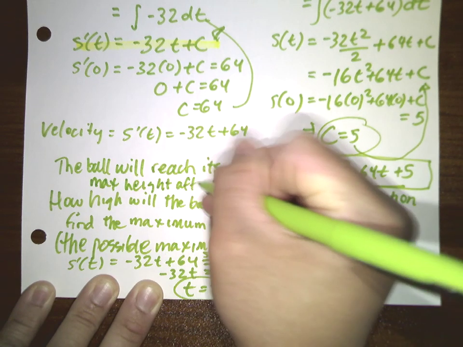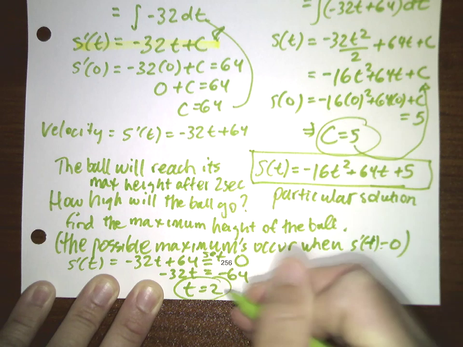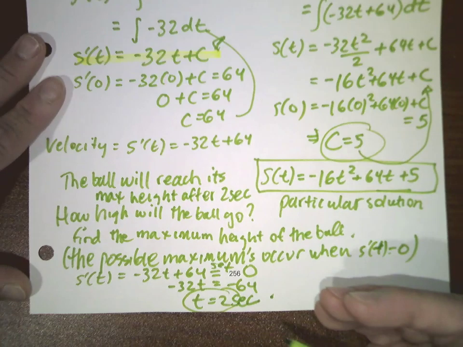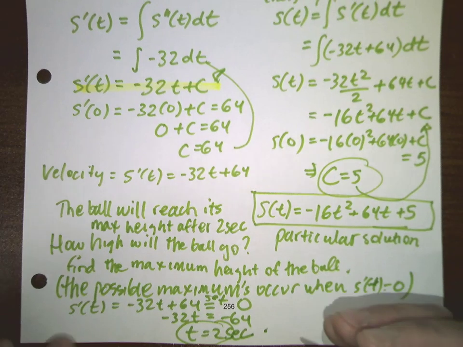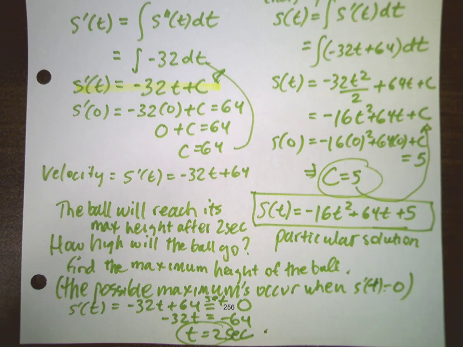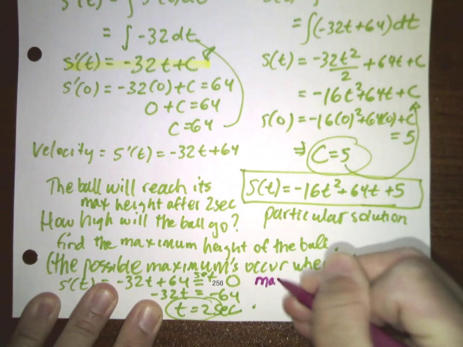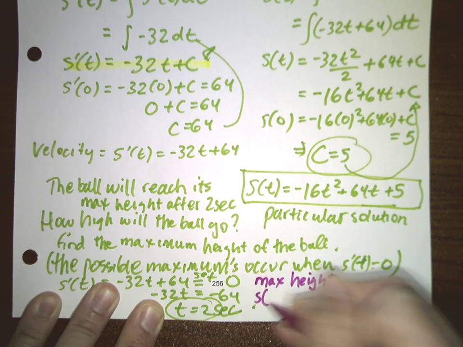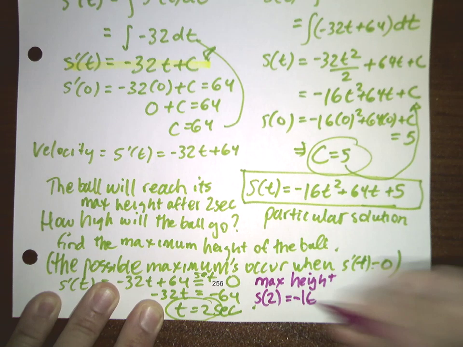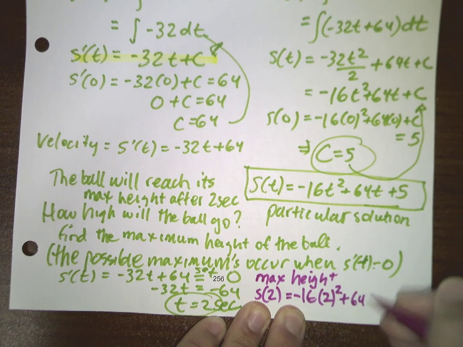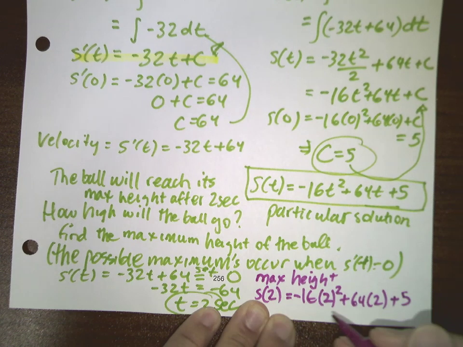But that doesn't tell me how high the ball goes. To figure out how high the ball goes, I need to find s of t. So the maximum height is actually s of 2. So that's negative 16 times 2 squared plus 64 times 2 plus 5.